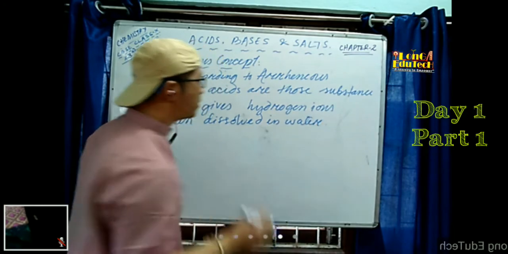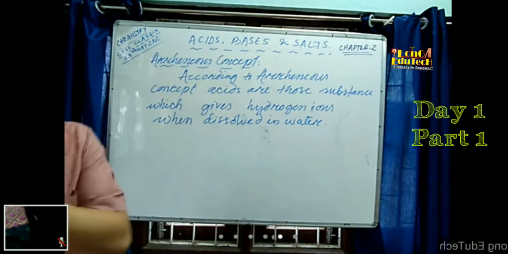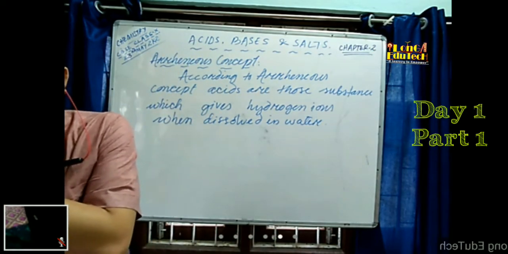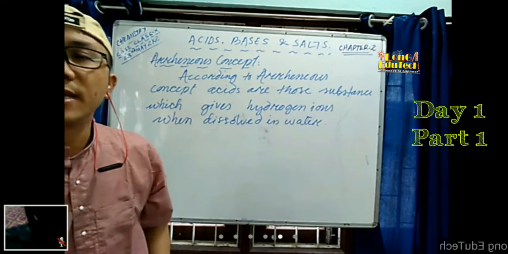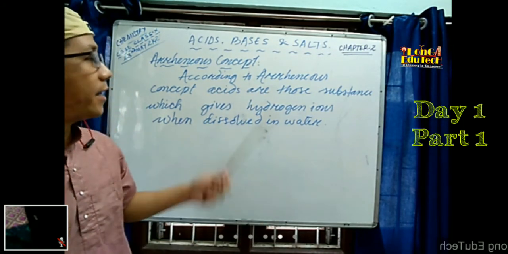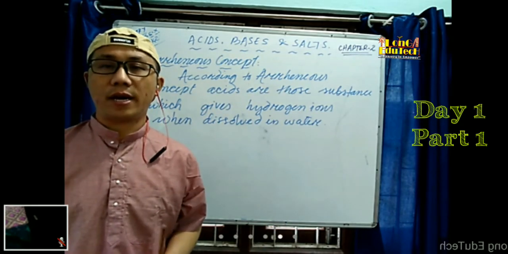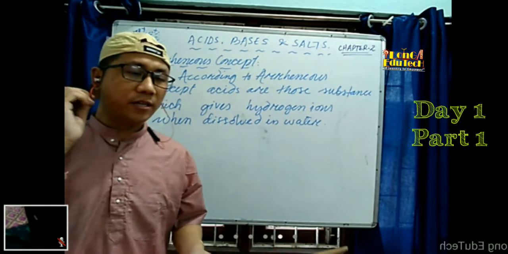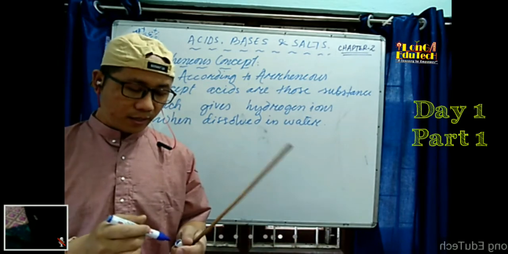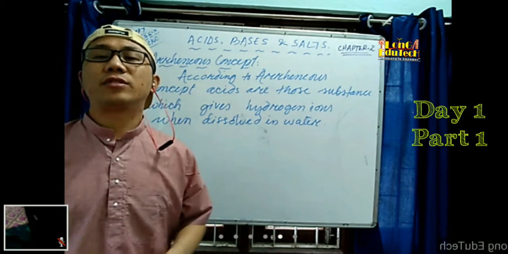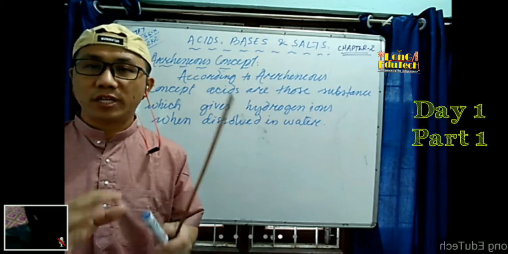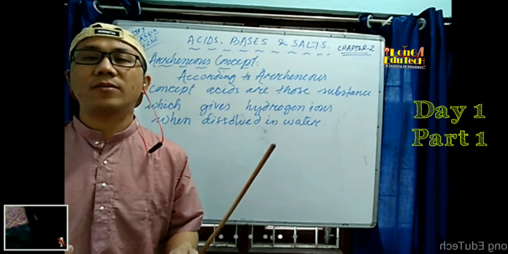When dissolved in water, they will give the hydrogen ions. All those substances are called acids. This is according to the Arrhenius concept. Generally, you know, when acids are dissolved in water, they dissociate into ions and they form the hydronium ions.